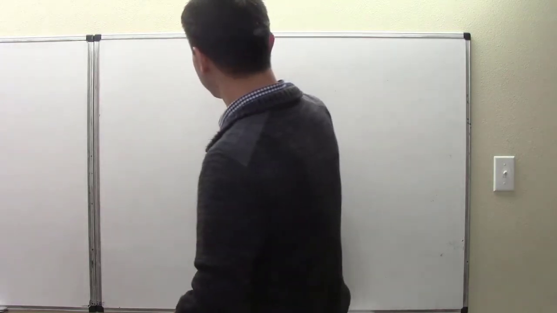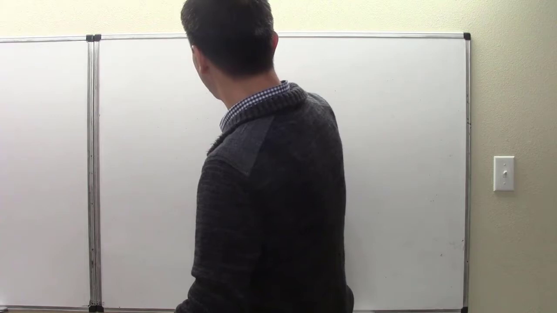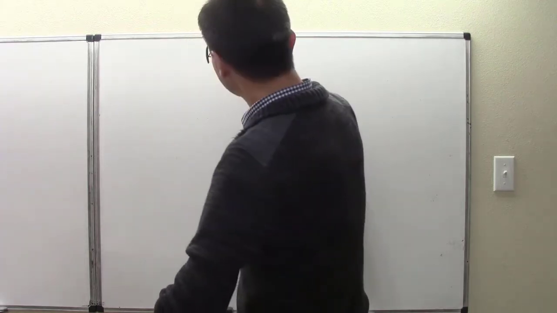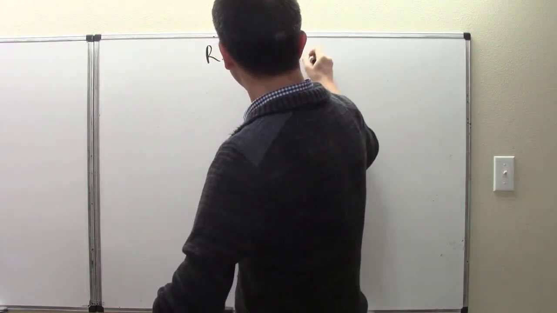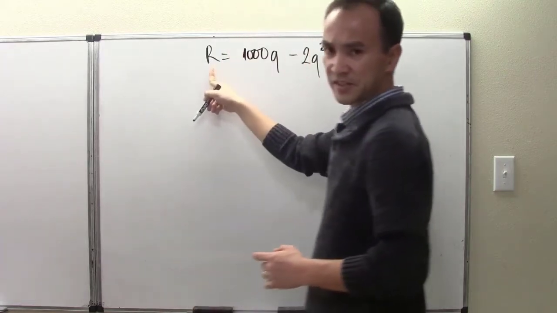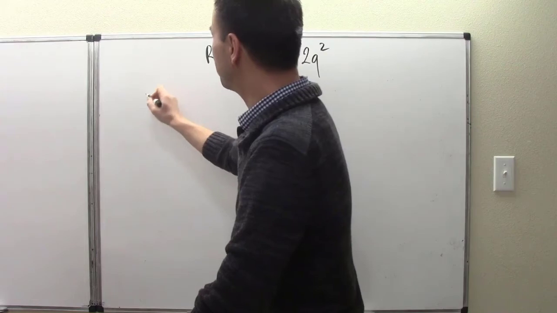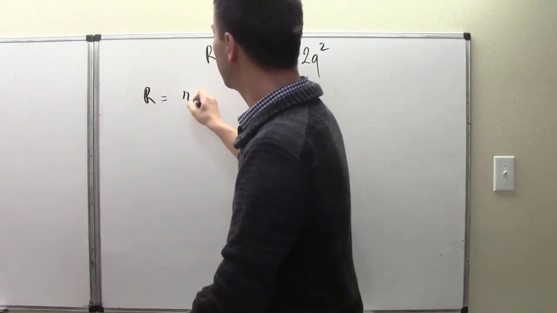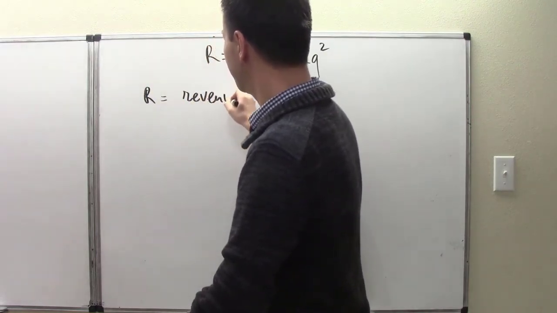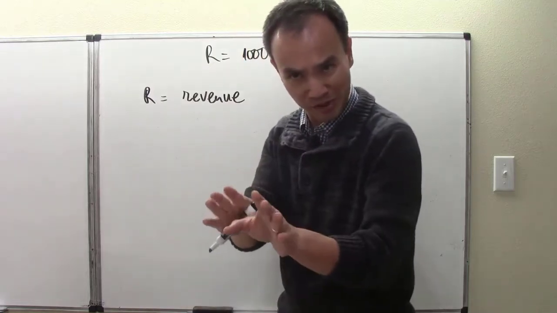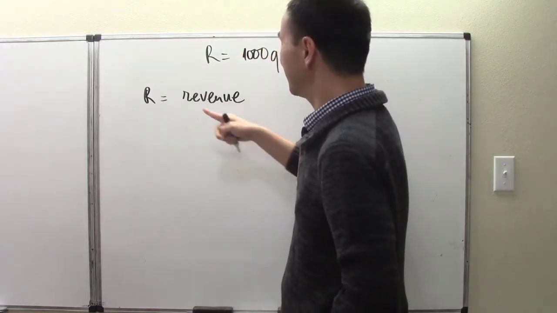So it makes perfect sense that in this equation, R equals 1000Q minus 2Q squared, this R is a variable for revenue, because that's directly associated with the description stated in the problem.